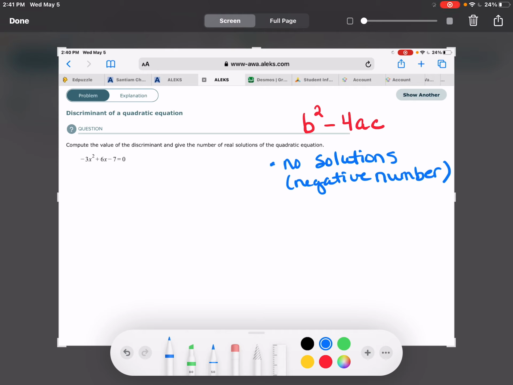The next thing it might tell us is that we have only one solution, or one x-intercept. Remember, if the vertex just touches the x-axis in one place, we will only have one solution. We'll know this if we get 0.